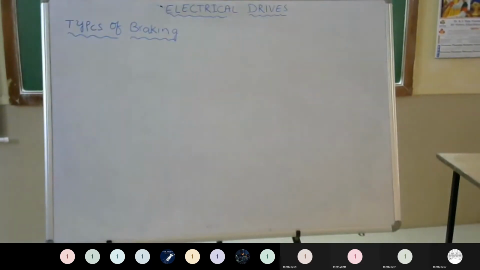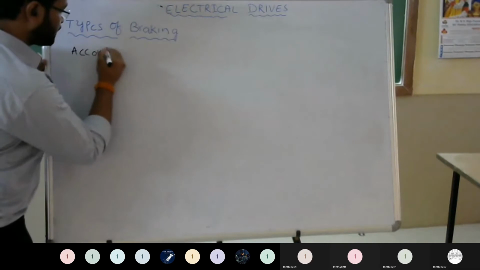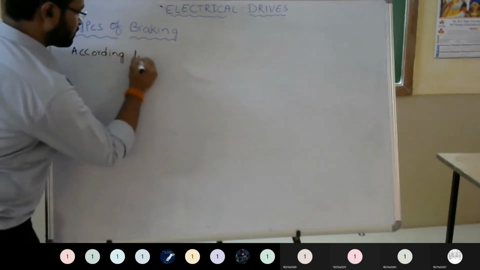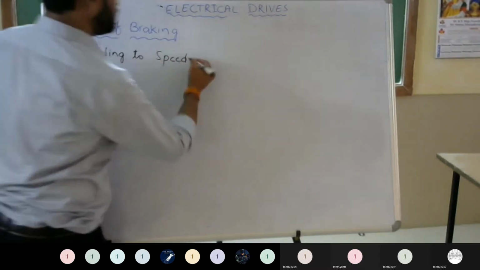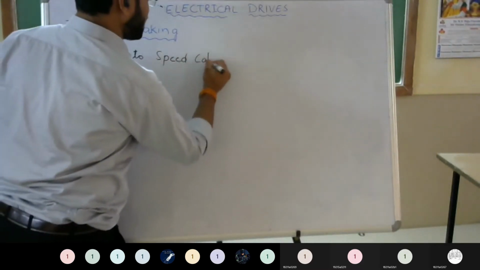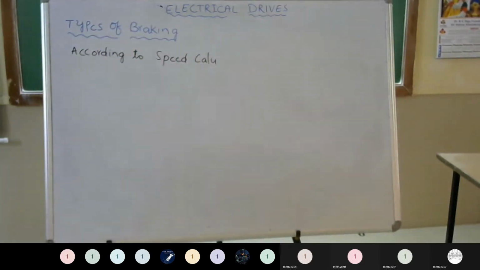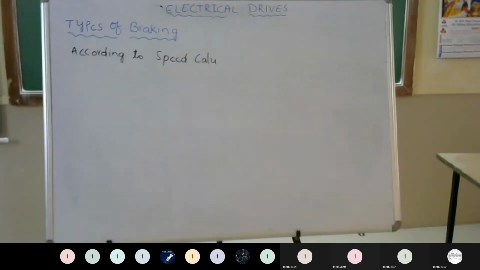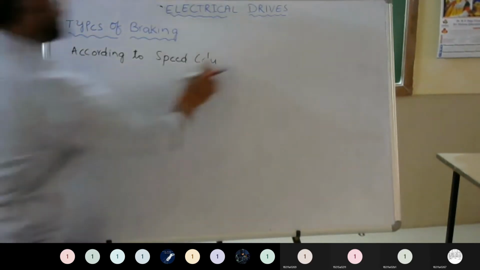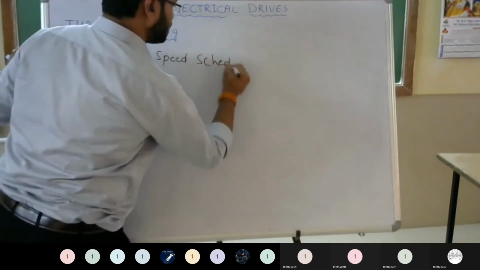So what we can say, according to speed calculation, like how much speed it has to go, or otherwise the speed schedule. Suppose we have made some schedule.